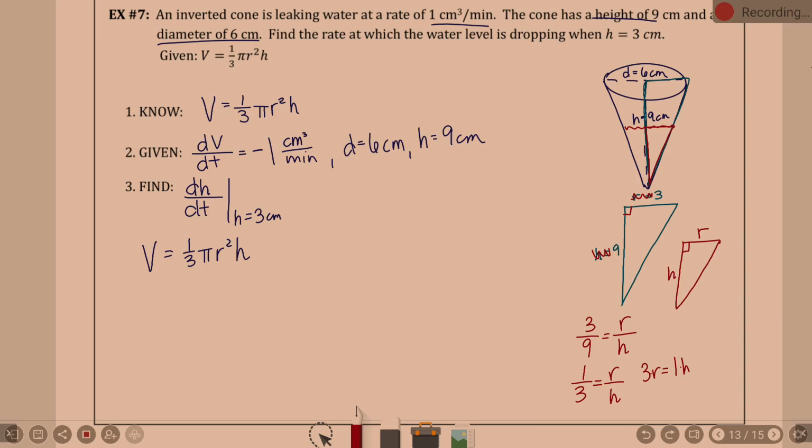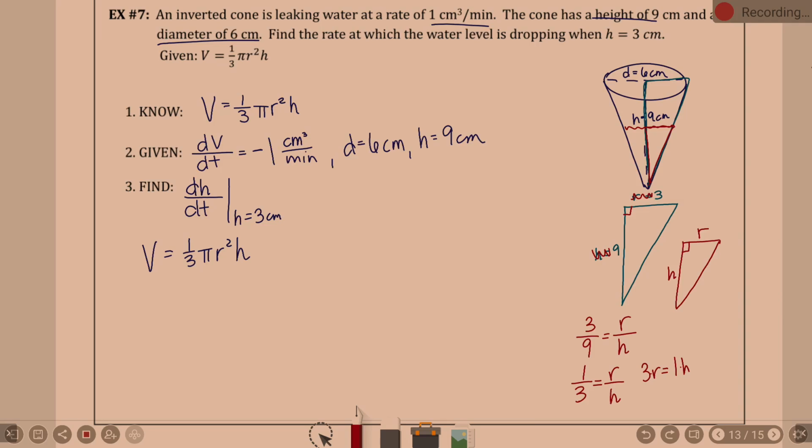Okay. The idea here is 3 times R equals 1 times H. This would be the same as if you were trying to clear fractions out, it's a shortcut. If I was trying to clear fractions out, I'd have to multiply by 3 and H because those are my denominators. When I multiply this side by 3H, the 3's would cancel and I'd have 1H. If I multiply this side by 3H, the H's cancel and I have 3R.